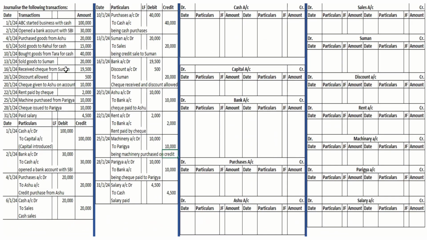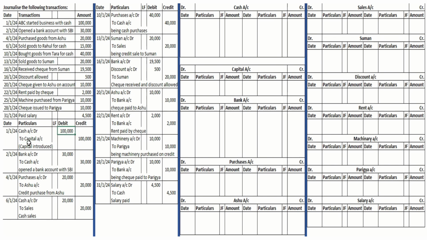Actually, this is the problem we last worked out. We recorded the first entries, we completed that one. So straight away now we start preparing ledger accounts. Now we can take the first journal entry, which was ABC started business with cash 100,000. So the entry was cash to capital, 100,000.